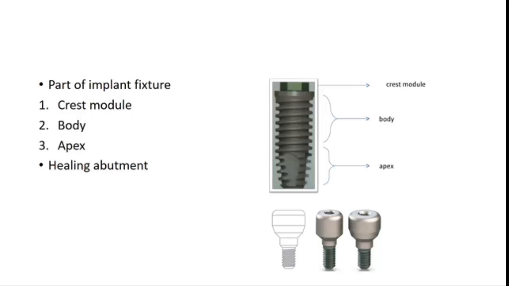If you do it like that, what happens is the soft tissue can grow into the open area of the implant, which will come in the way of the healing process as well as fixing of the abutment.